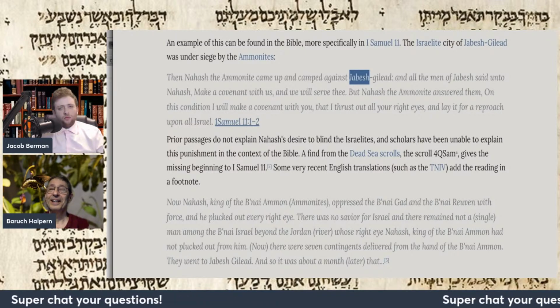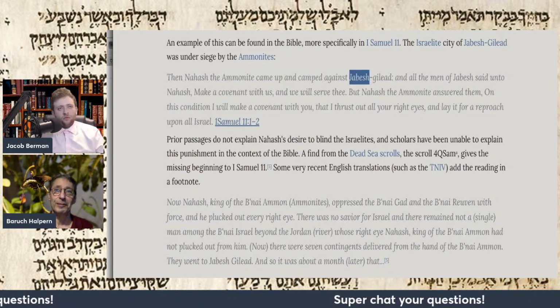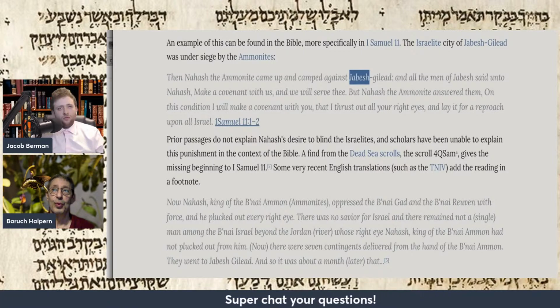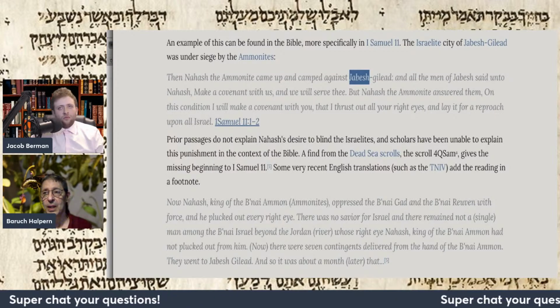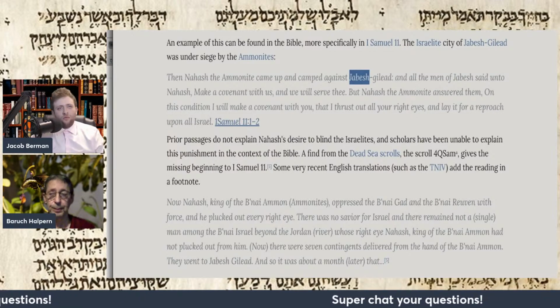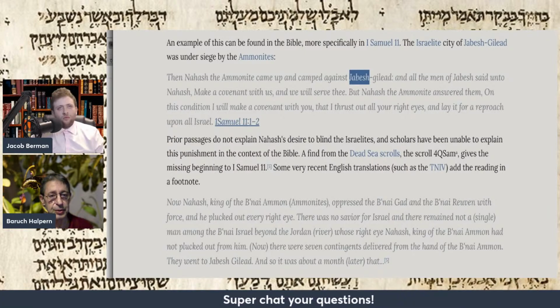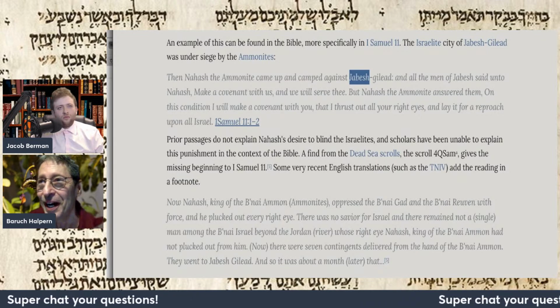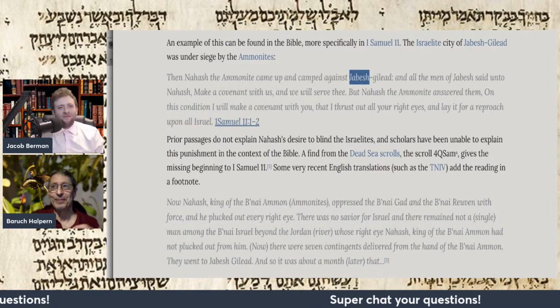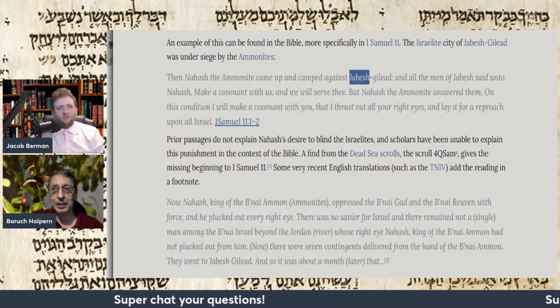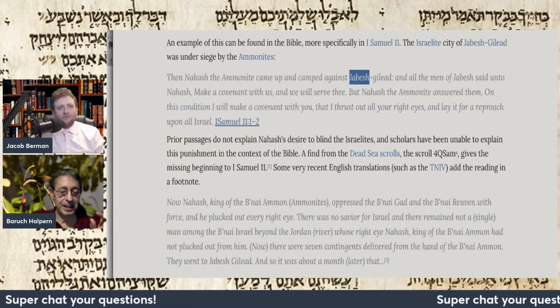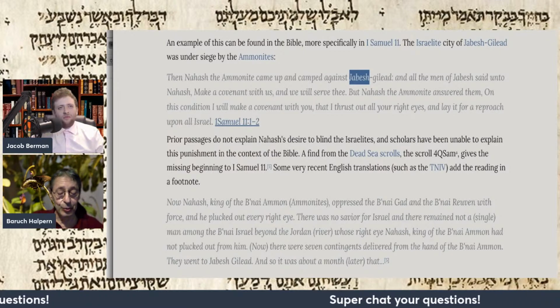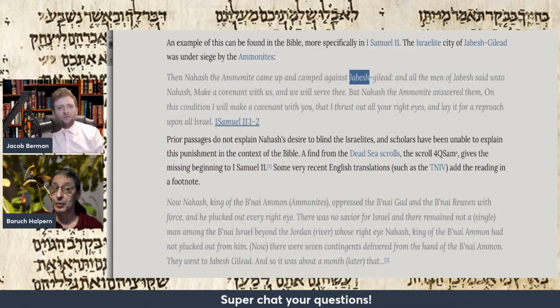The problem is that when the Greek is closer to the Septuagint, as it can be in Samuel, it is not always closer to the Septuagint. When the Greek is closer to the Dead Sea Scrolls, it is not only closer to the Dead Sea Scrolls alone, it often has Chronicles on its side.